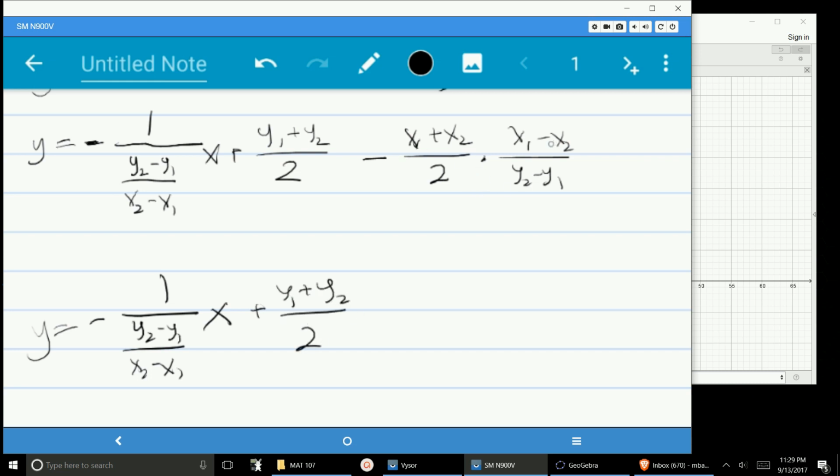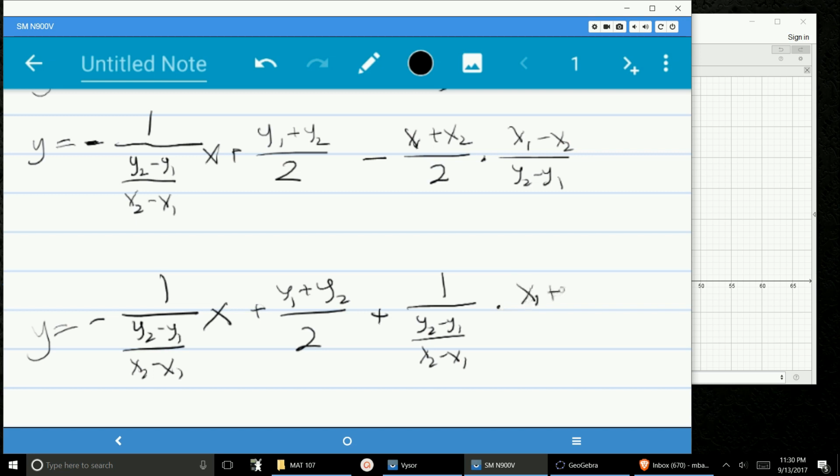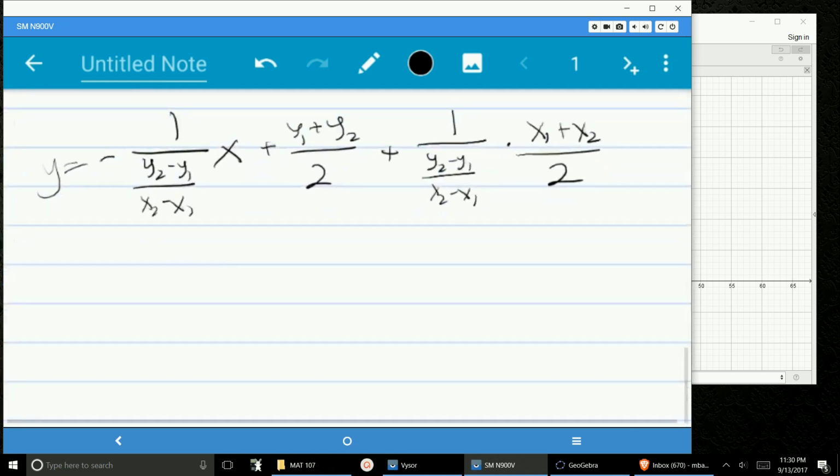Factoring a negative out of here and flipping that, it becomes plus 1 over y2 minus y1 over x2 minus x1 times this thing. Alright, now I have this thing in common, so I'm going to factor the negative of it out, and I'm going to subtract this off, bring it to the other side.